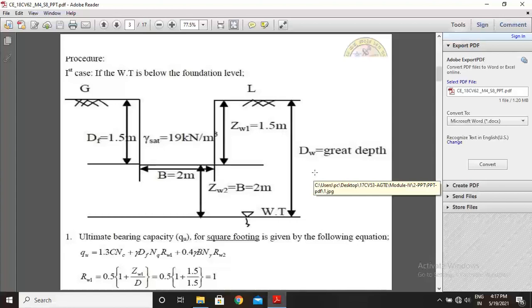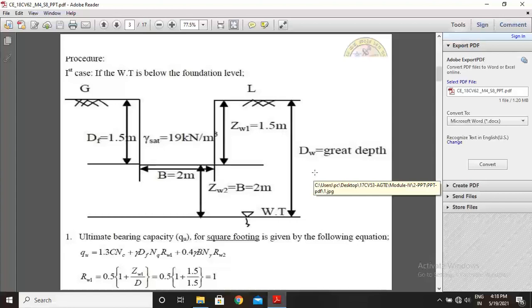Okay, so based on first case, after plotting the foundation diagram, calculate ultimate bearing capacity for square footing. But all of you remember, plotting the diagram is important based on the water table situations.